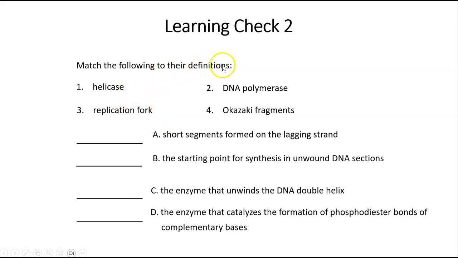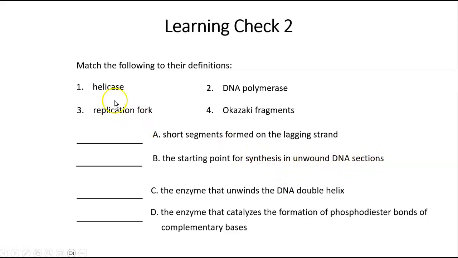Match the following to their definitions. A short segments formed on the lagging strand. What are those short segments that are formed on the lagging strand? Just try to find the answer from what you understood. The second one is the starting point for synthesis in unwound DNA section.